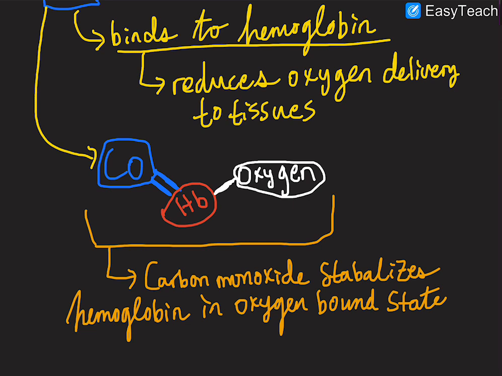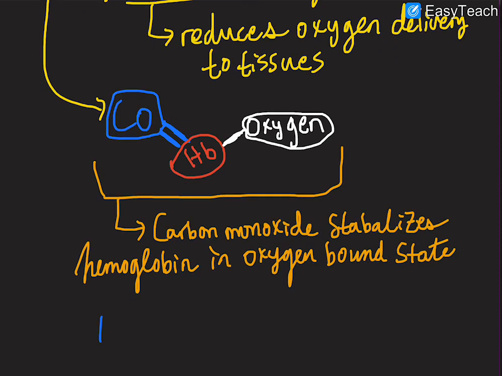So if we see here, let's get our cursor out. If we see here, carbon monoxide binds to hemoglobin in a much stronger affinity than oxygen would bind to hemoglobin. So what that leads to is something called functional anemia. Okay, so it leads to functional anemia, and so we'll explain what that is.